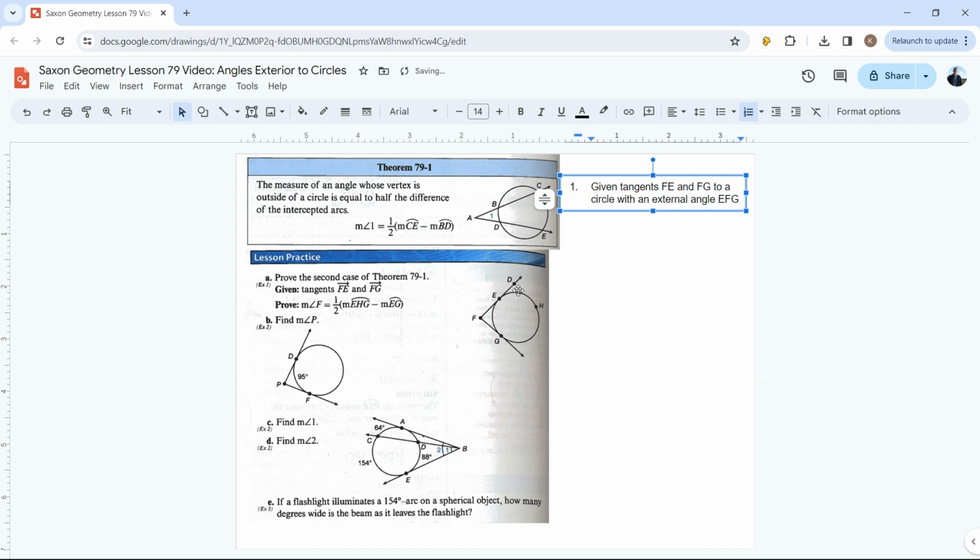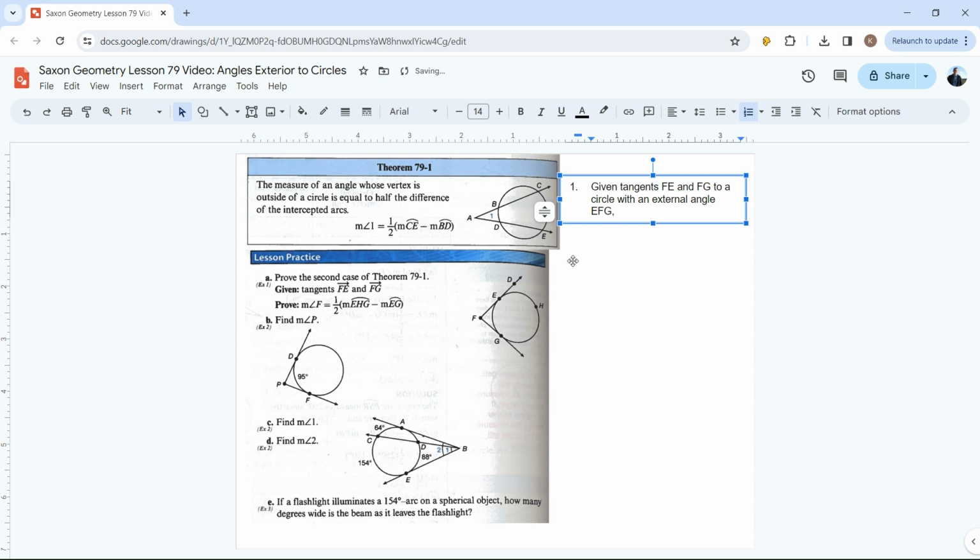I can see in my drawing that I have a circle with external angle EFG. So that's part of my givens. And then anything that's listed as a given, other than what's in the diagram, is also a given.